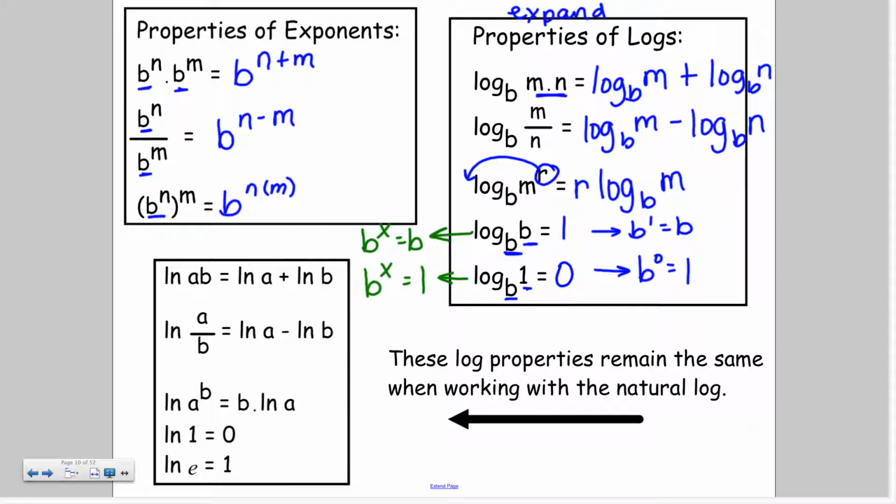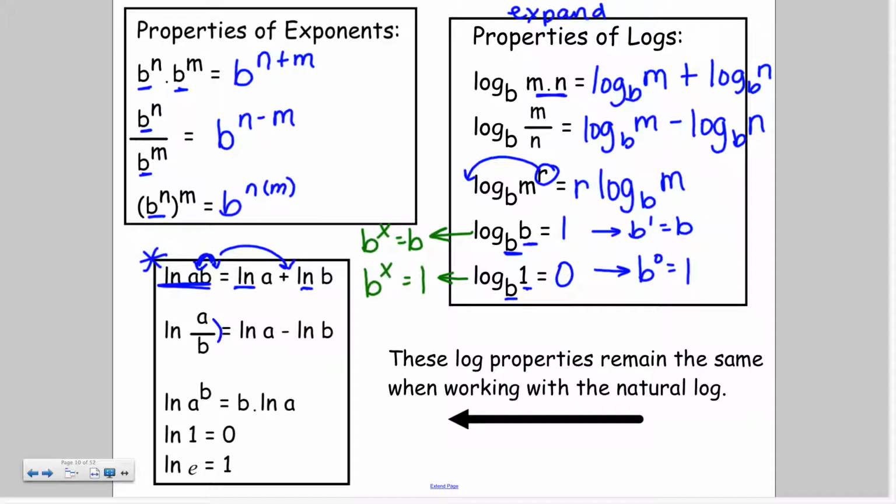Okay? So if you look over here on this little box that's given to you, the properties remain the same even when you're dealing with a log base e, or a natural log. As you can see, we have the log base e of A times B. These two are being multiplied, so I'm going to add them, but I'm going to put that same base for both of them.